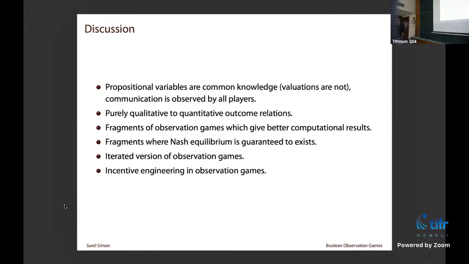And within the qualitative setting, using a logical language makes sense. So what we wanted to do is look at this fragment of incomplete information, with a qualitative semantics for it, and identify cases where equilibrium models exist.